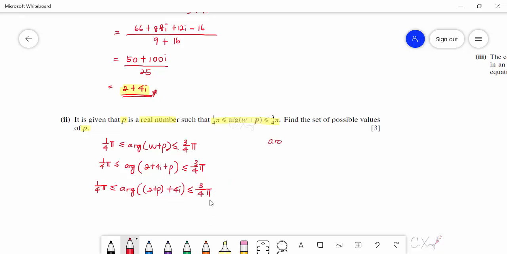Let's say I want to find the argument of the complex number 2 plus 2i. Generally we take tangent inverse of the imaginary part divided by the real part. For this one also the same, so I'll change it to tangent inverse of 4 divided by 2 plus p, which is between 3 pi over 4 and pi over 4.